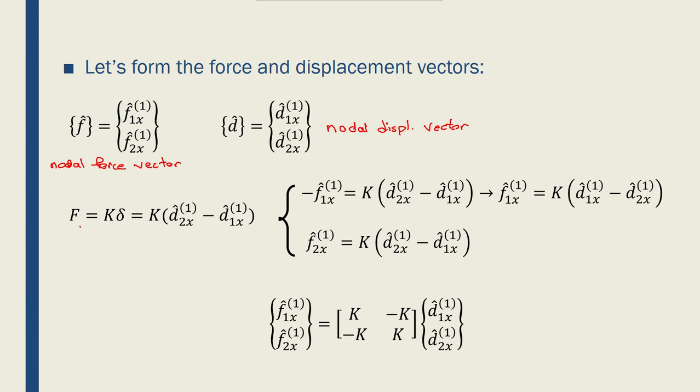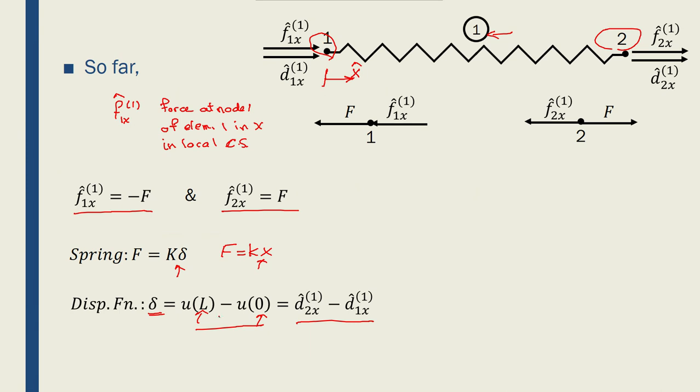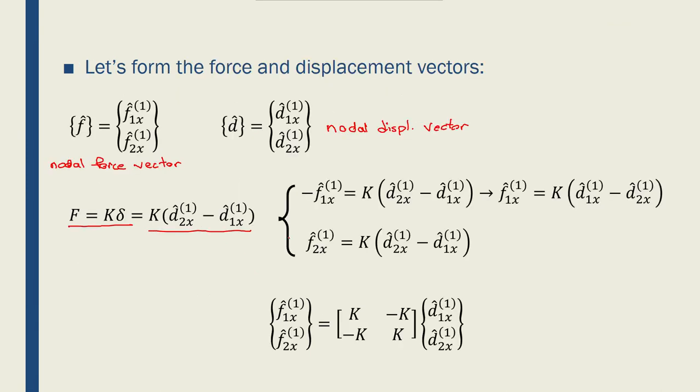Now if we have that equation F equals K delta, we can also rewrite it as F equals K times D2x1 minus D1x1, which again is delta in here, and K is the stiffness of the spring. So we can replace F with either F1x1 or F2x1, but we have to remember that F1x1 was negative F, so we apply that negative sign there.